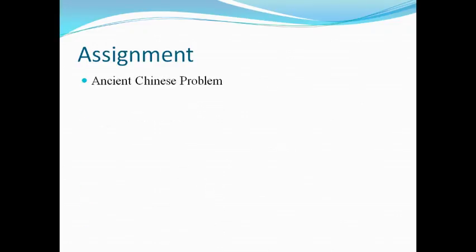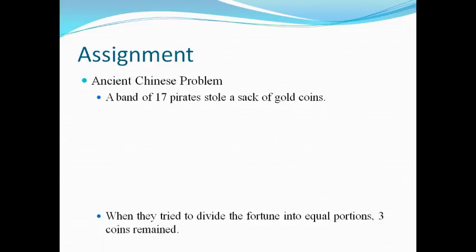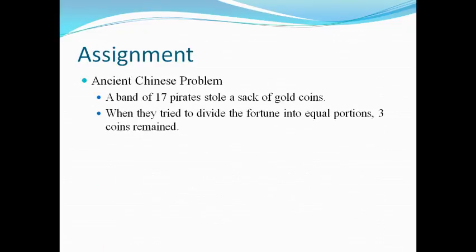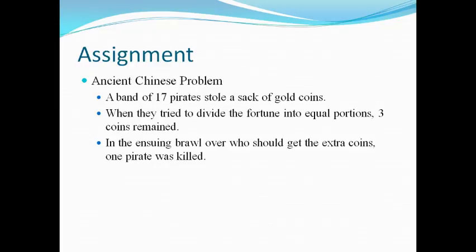This problem is an ancient Chinese problem. It says that there was a band of 17 pirates who stole a sack of gold coins. They tried to divide the fortune into equal portions, but while dividing it, 3 coins remained. In the ensuing brawl over who should get the extra coins, one pirate was killed.